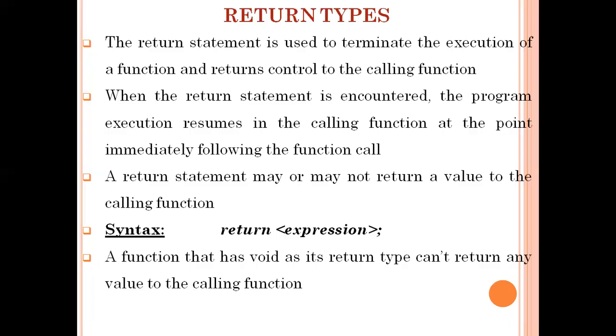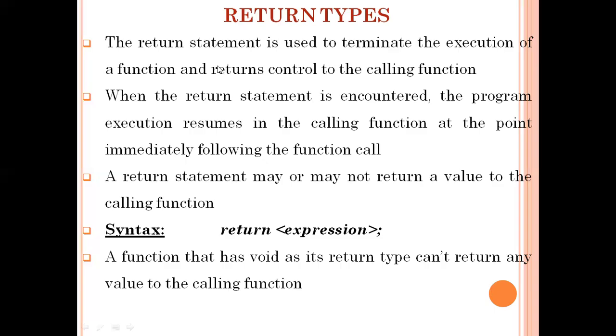If you declare the same main function with void data type, then it cannot return any value. So that is what the return type or return statement is. We are going to see that in detail.